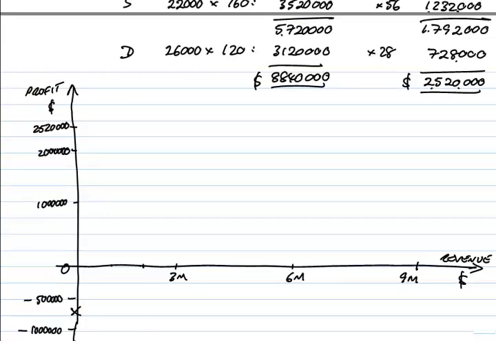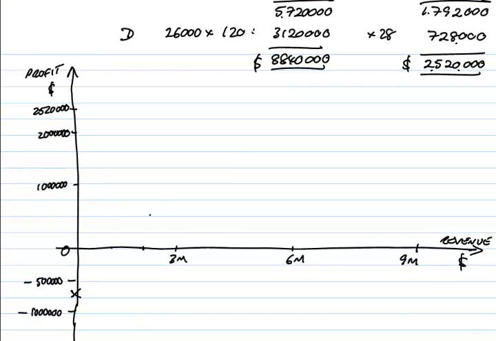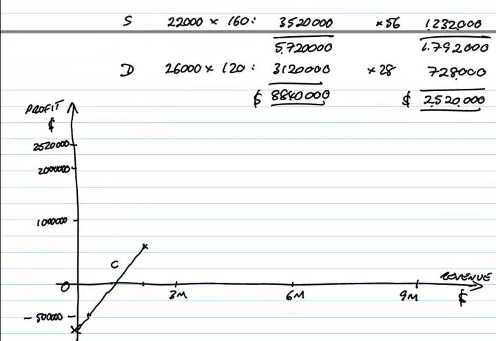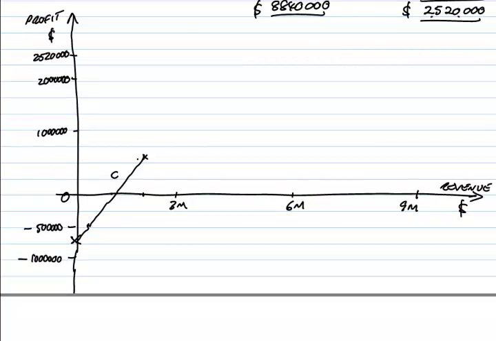And the profit up to 560,000. So it's about there. And we draw a line on the basis that while we're selling product C, every extra unit is giving us an extra $60 profit. So it rises linearly up to that point there.